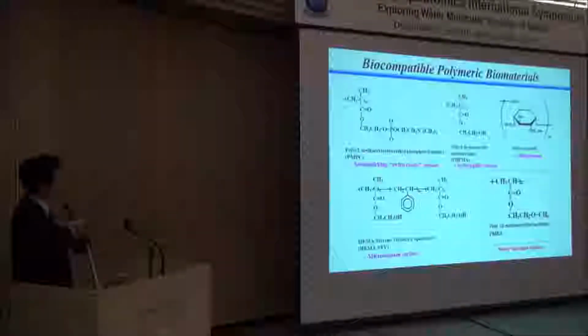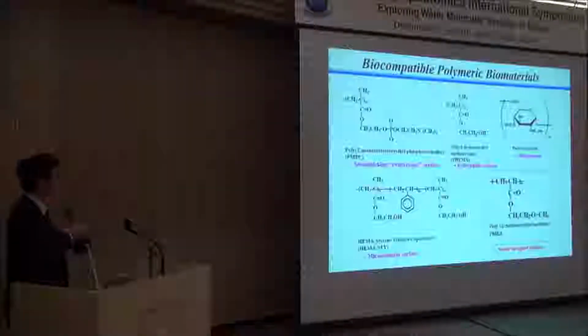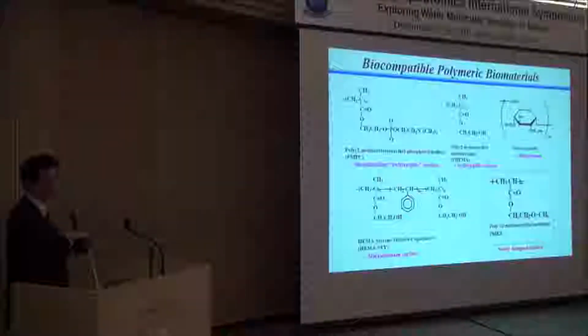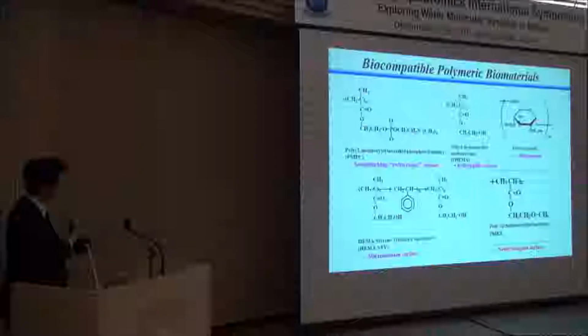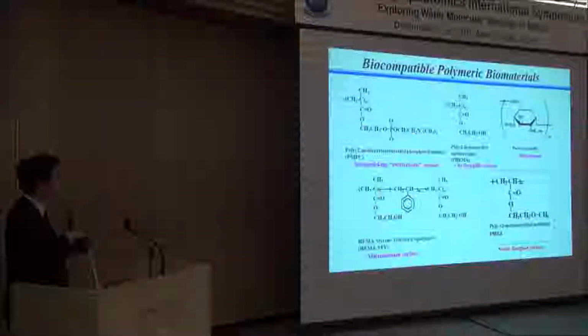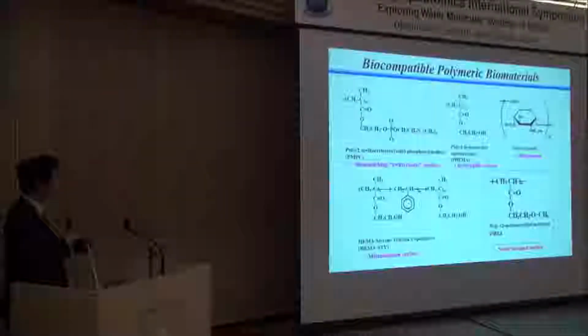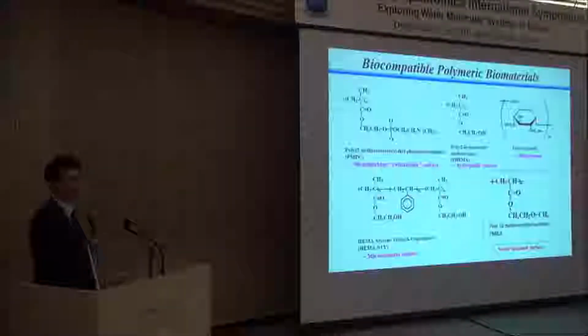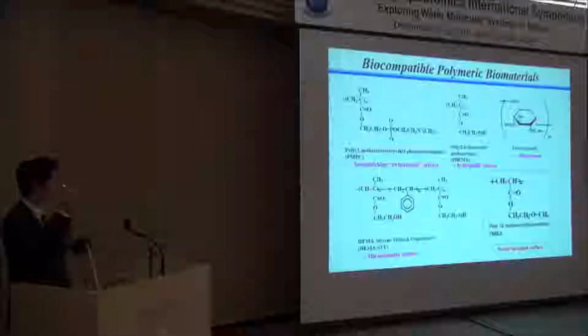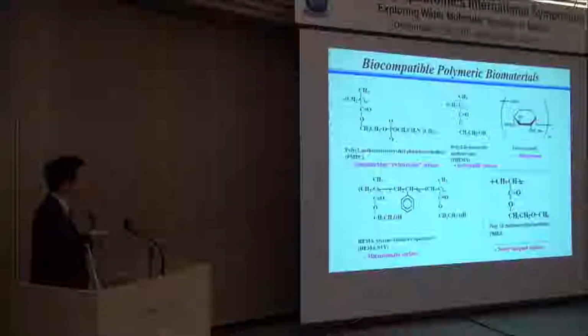This is a typical example of the biocompatible materials, polymeric materials. For example, biomimicking zwitterionic type surfaces, MPC, like this, and hydrophilic surfaces, already commercialized as soft contact lens, polyHEMA, hydrogel.